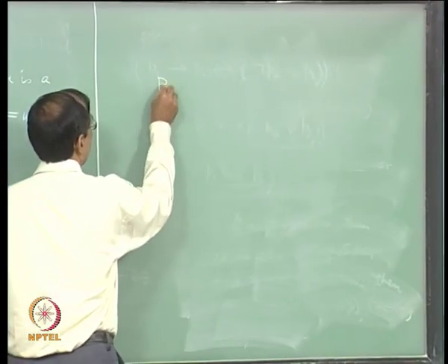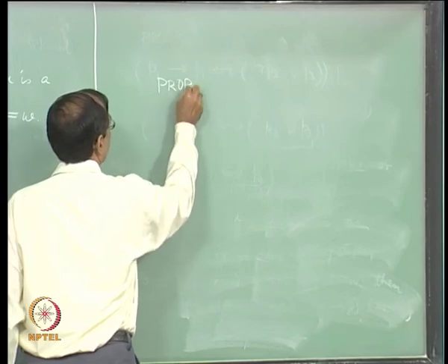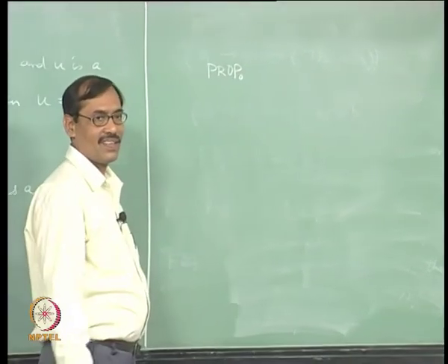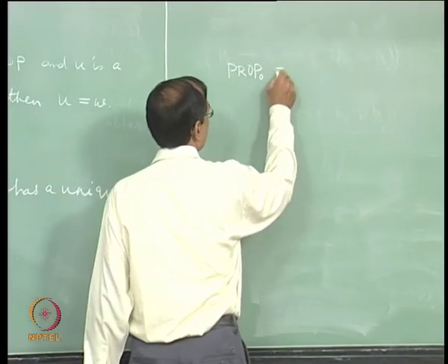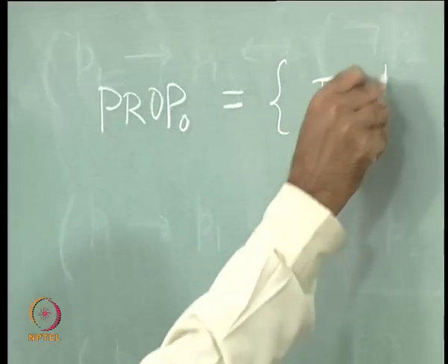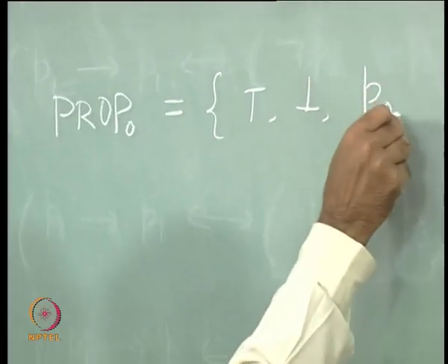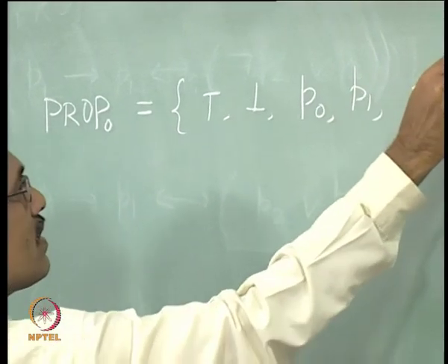See, I can define prop 0 subscript 0, let us say, okay. This is equal to top, bottom, P0, P1 and so on.